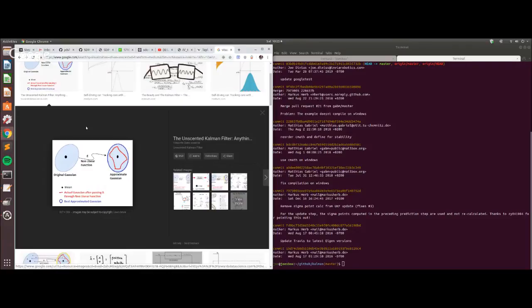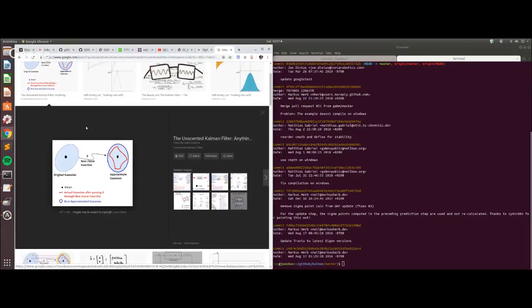And similarly, particle filters are what's called a sequential Monte Carlo method for estimation, because you're sampling from the underlying probability distribution and updating your hypotheses based on how well each point in your sample matches the measurement that you get.